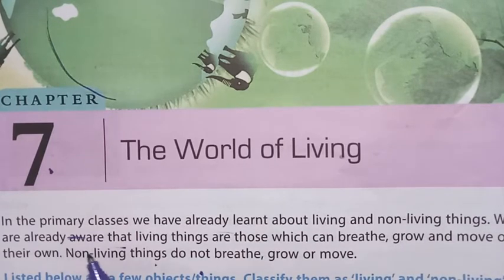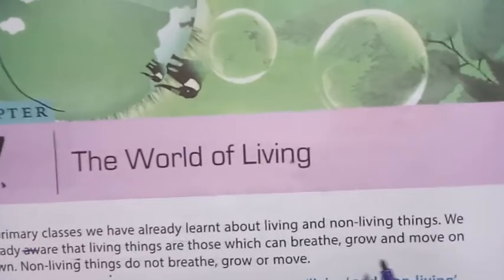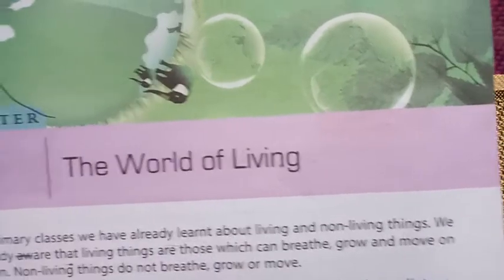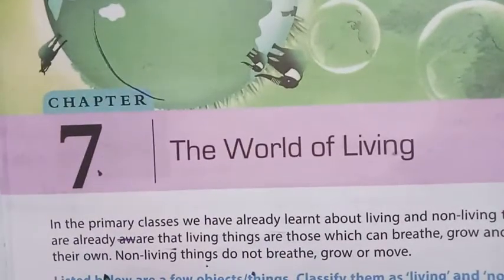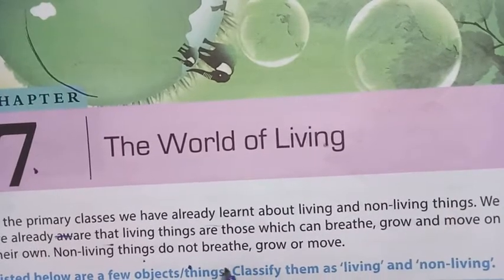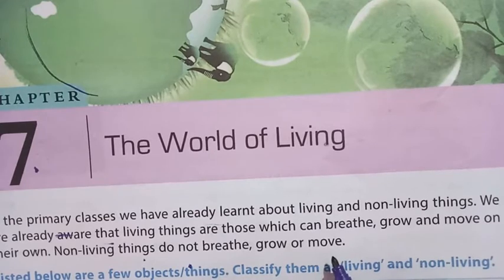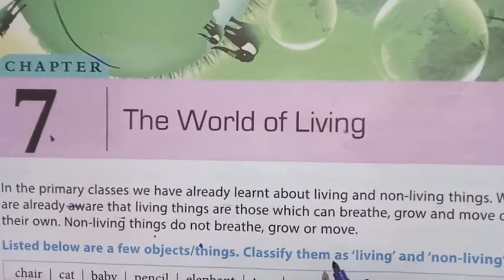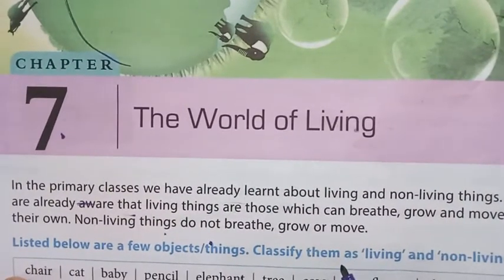We are already aware that living things are those which can breathe, grow, and move on their own, whereas non-living things do not breathe, grow, or move. Everybody knows that living things move, breathe, and grow, but non-living things don't.